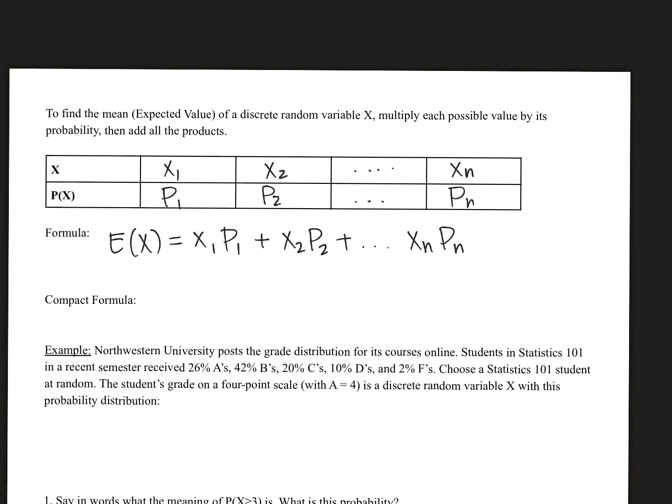The way you see this written is E of x equals the sum of i equals 1 to n of x sub i, p sub i. Basically it says multiply your x and its probability, and add up for however many you have.